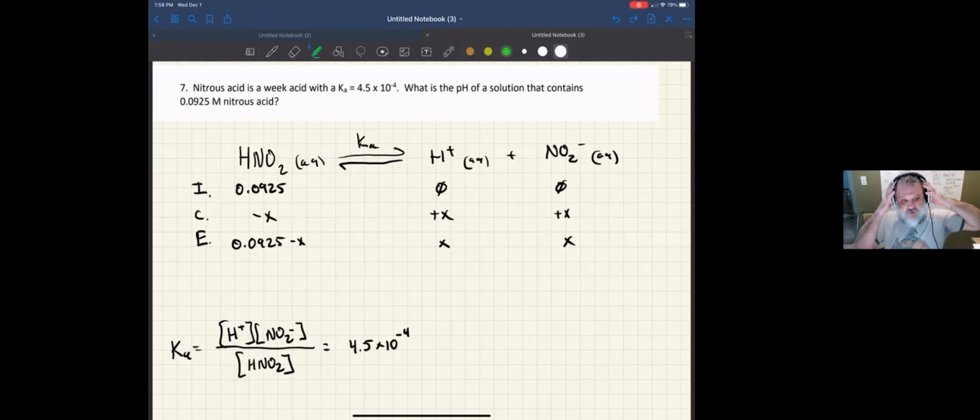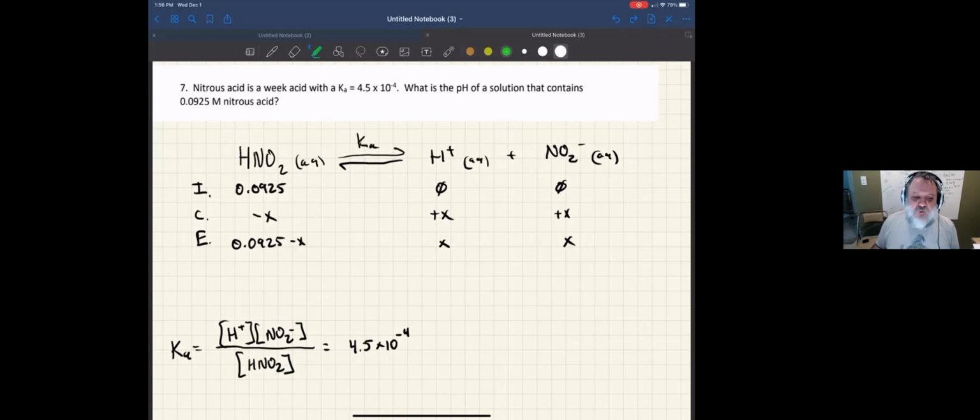If I start out with 0.0925 molar, it's going to go down by X. The concentration of H plus goes up by X, nitrite goes up by X. And then at equilibrium, I have 0.0925 minus X for nitrous acid and X for H plus and nitrite ion respectively.